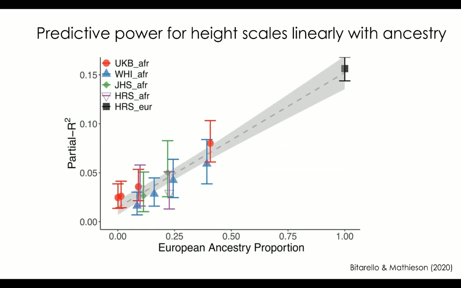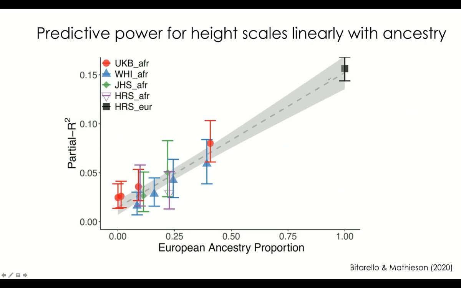The y-axis shows the partial R-squared, the proportion of variance explained in that cohort. You can see that there's essentially a linear relationship. We fitted this grey regression line to the admixed populations. This cohort, which is 100% European ancestry, is not included in the regression, but you can see that the line predicts very well exactly where that cohort should be.